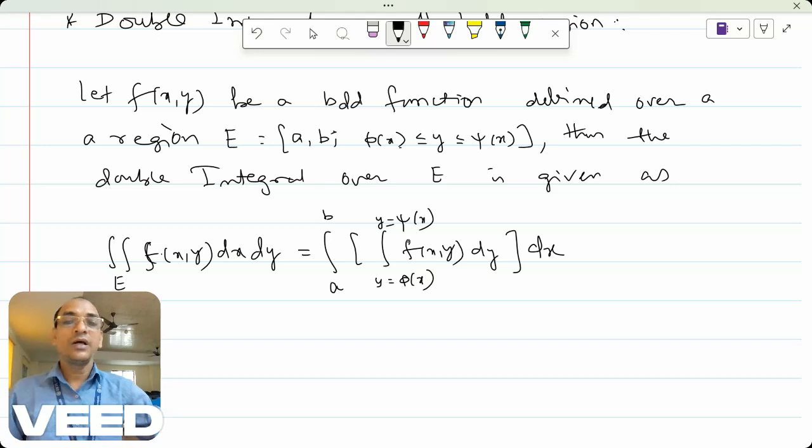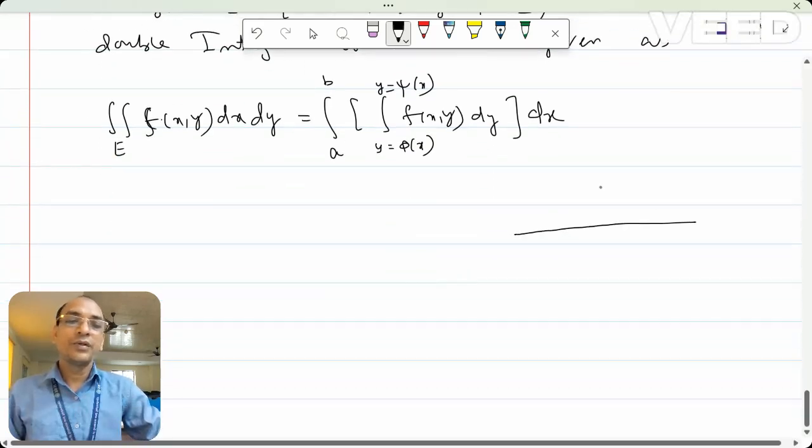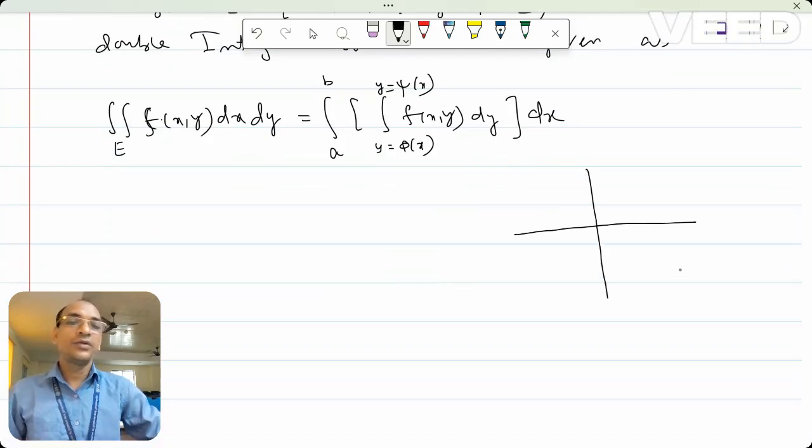So in this case, suppose this is my x, y plane. Here x equal to a and x equal to b. What is the lower limit of y? Lower limit of y equal to phi x. So suppose this is my curve y equal to phi x, and the upper limit is y equal to psi x.